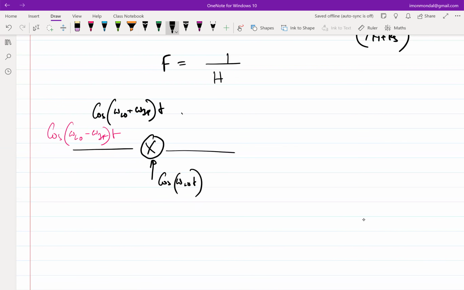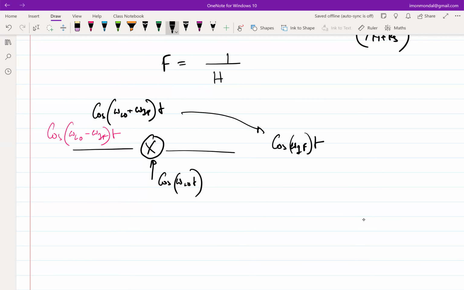This will mix with cosine omega LOt, and I get one term which is cosine omega IFt. I am neglecting the cosine of 2 omega LO plus omega IF term, because I assume there is a low pass or band pass filter which is going to throw it away. I'm interested in the omega IF because that's what everything will fall on.